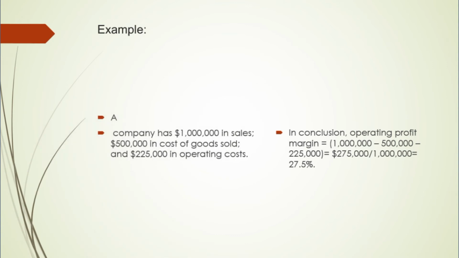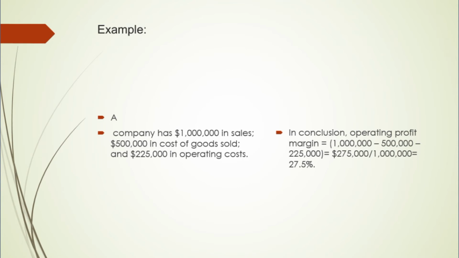Another example, a company has $1 million in sales, $500,000 in cost of goods sold, and $225,000 in operating costs.